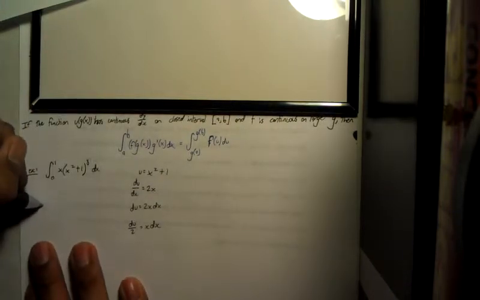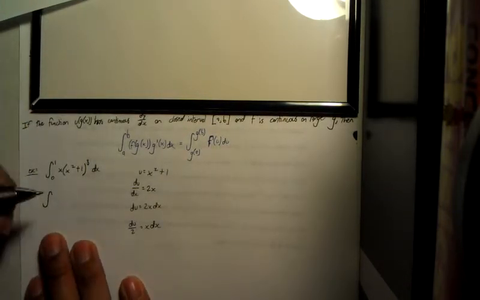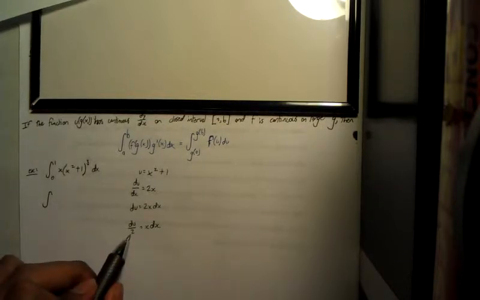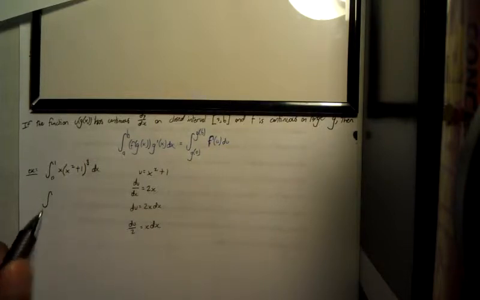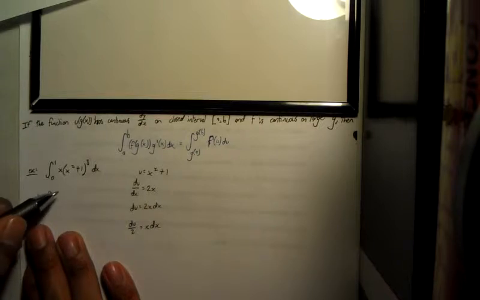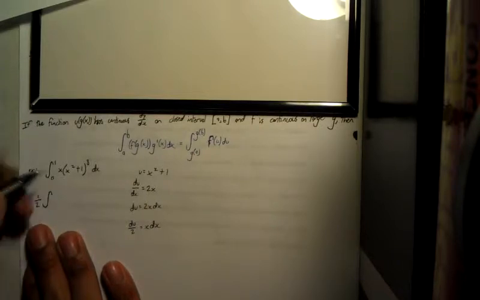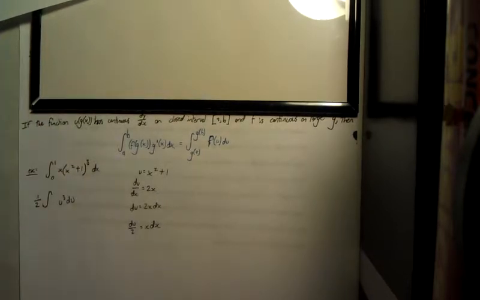And so now we have, I'm going to split this part up into 1/2 du, just so I can put the 1/2 out in front. And so we've got 1/2 u to the third du.